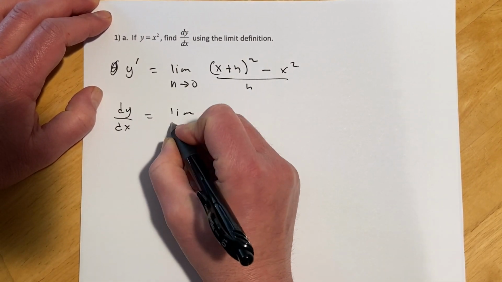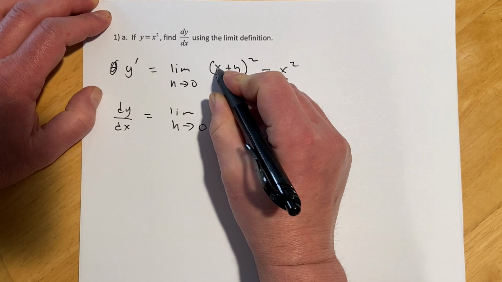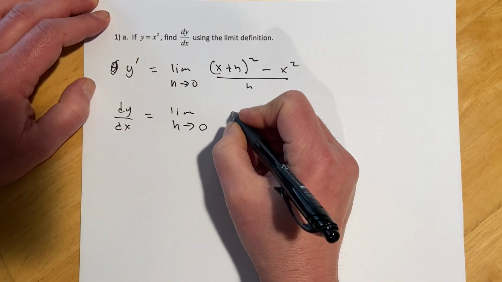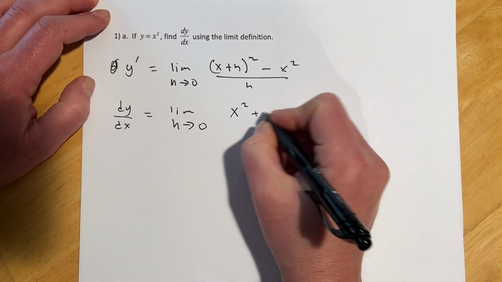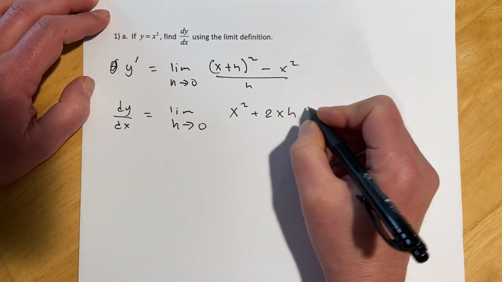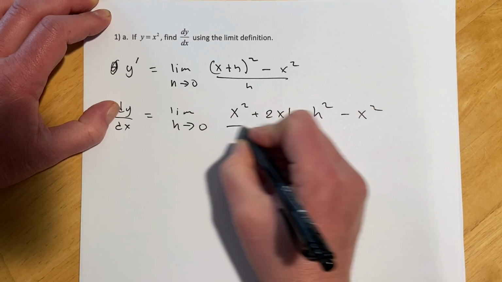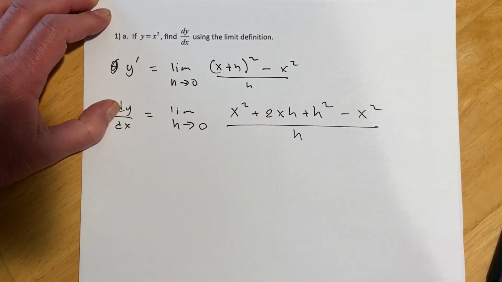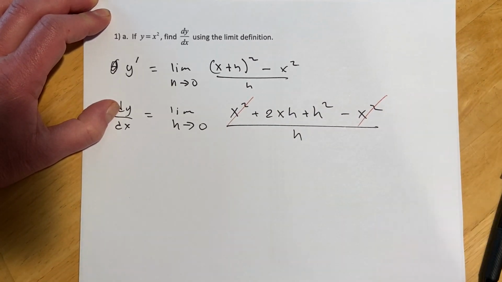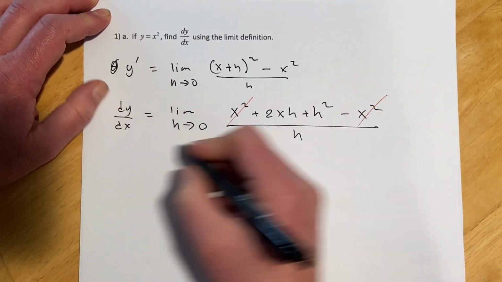So the limit as h goes to 0, if I write these side by side in FOIL, remember, we're going to get x squared plus 2xh, careful not to lose the 2xh, plus h squared, and then minus x squared all over h. And then these cancel. And then remember that h divides in.